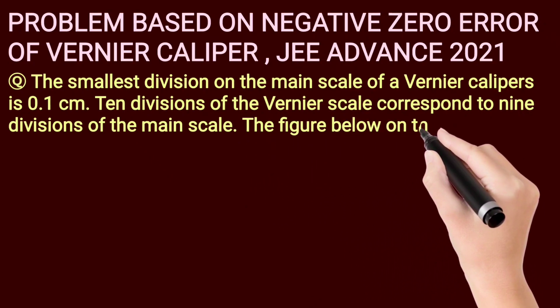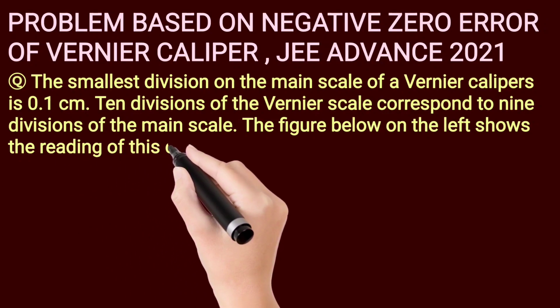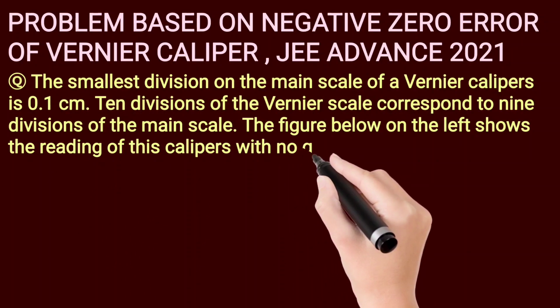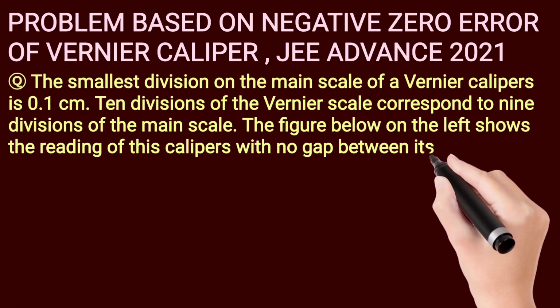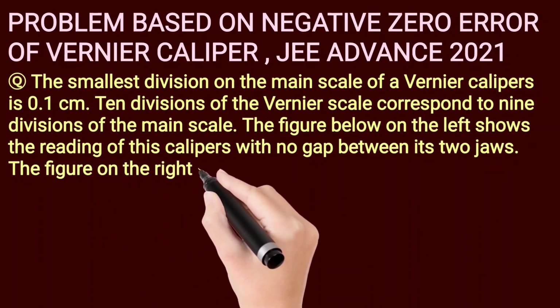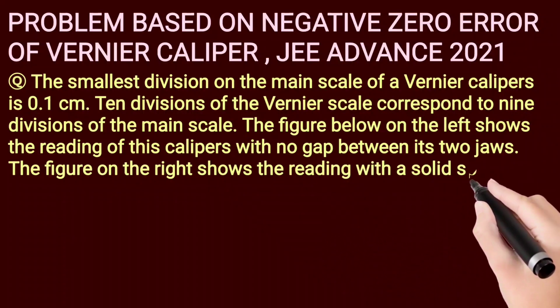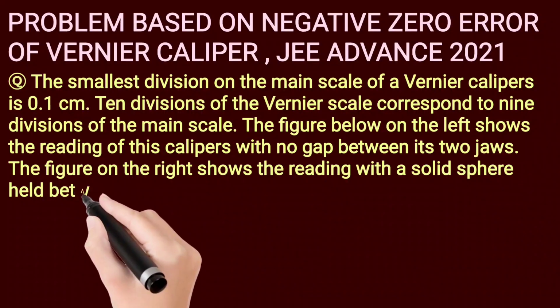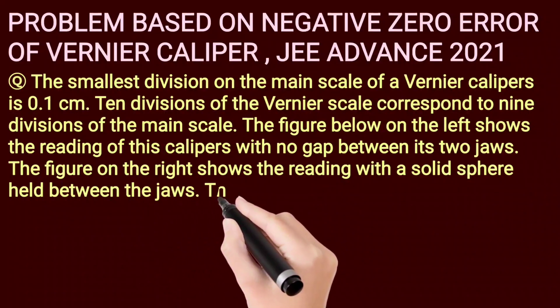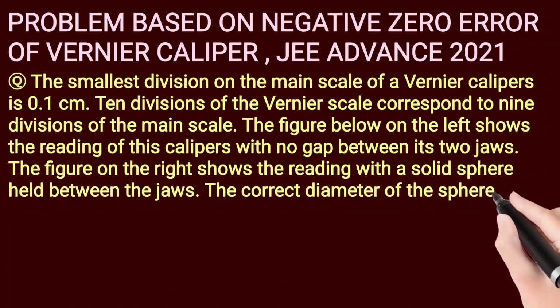The figure below on the left shows the reading of this caliper with no gap between its jaws. The figure on the right, I am going to draw the figure, shows a reading with a solid sphere held between the jaws of the caliper. You have to find the correct diameter of the sphere.